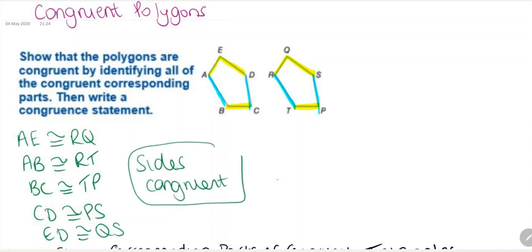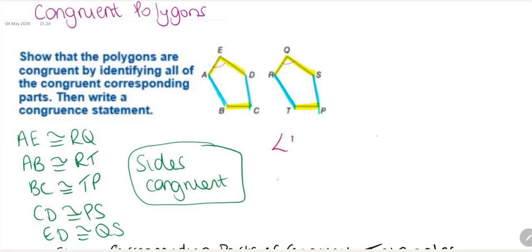So now we're going to check the angles. So angle E is congruent to angle Q. Let's put that on a bigger pen.